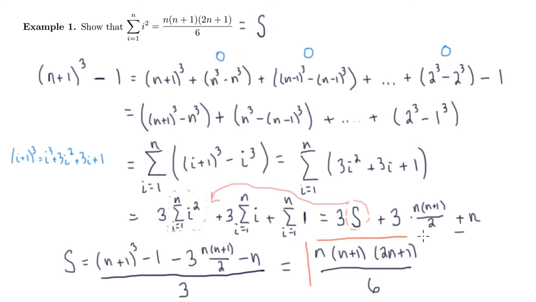So again, like I said, this is a very difficult problem. I would not expect anyone who's seeing this for the first time to be able to do this, but I think it's a very good example to see because it illustrates all the different tricks and techniques, or at least some of them, that you can do with sigma notation. So we're looking for this sum.